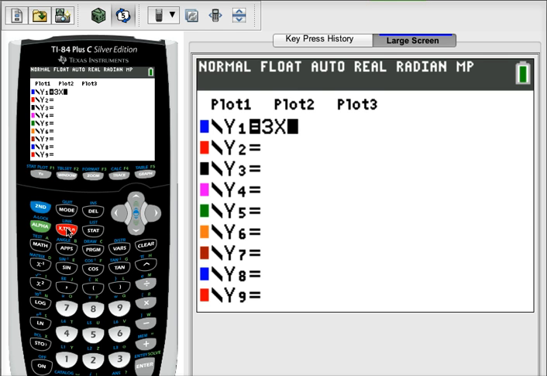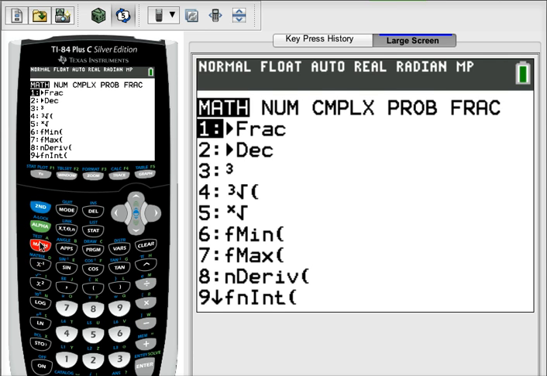Now, do you realize that the button that's still highlighted red is your variable? So if you've never graphed before, that button right there is how you get your x, okay? Then minus x cubed. Now cubed is in the math function.